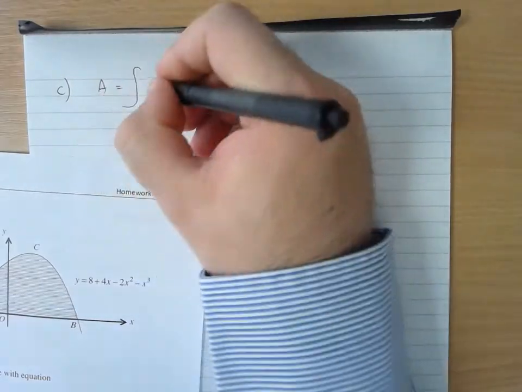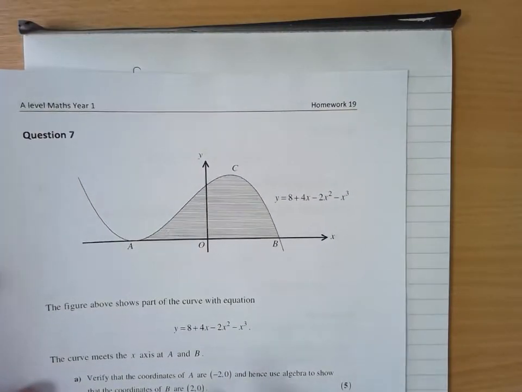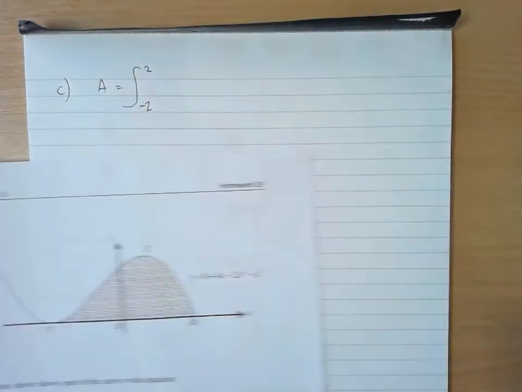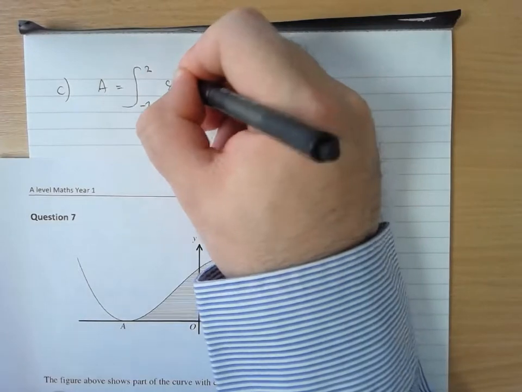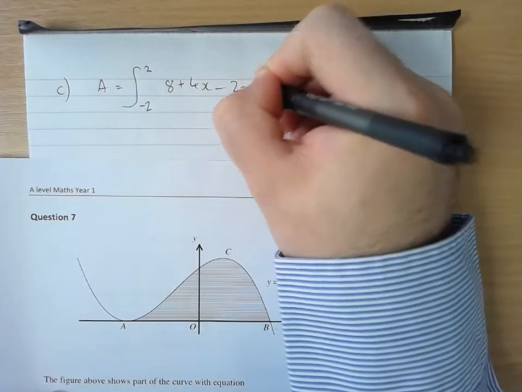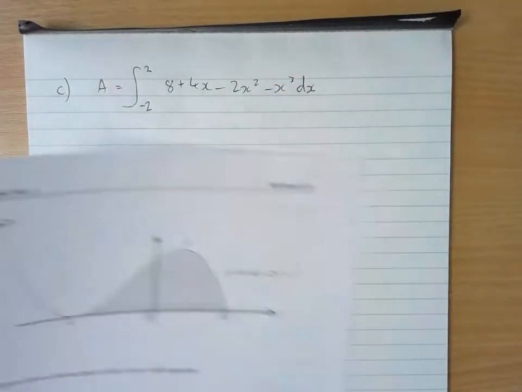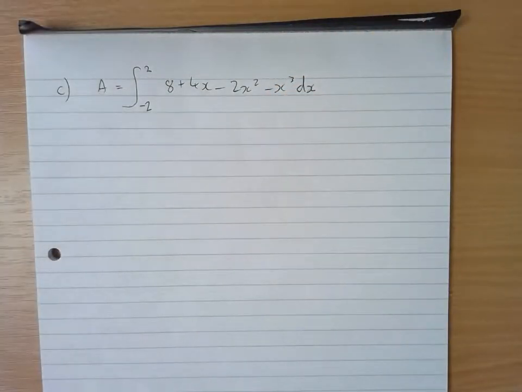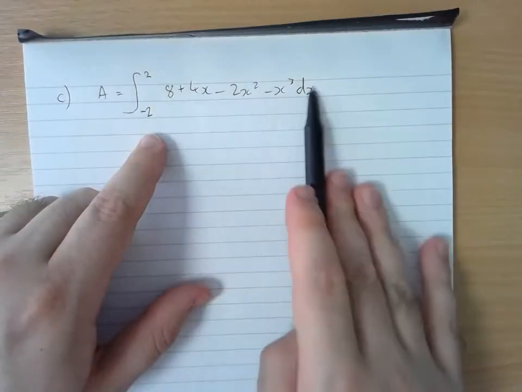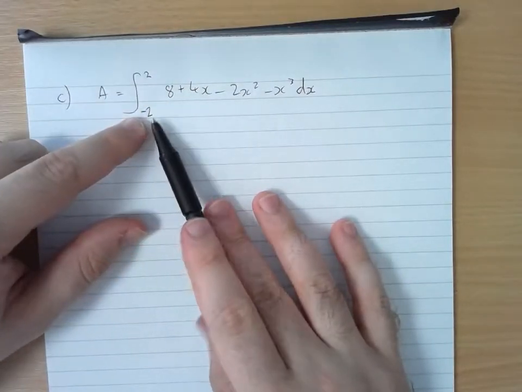The integral from an a we know to be minus 2 and b we know to be 2 of our equation, which is 8 plus 4x minus 2x squared minus x cubed dx. So here we need to integrate and find an area. So this means integrating one of these terms, then subbing in 2 and subbing in minus 2 and subtracting one from the other.